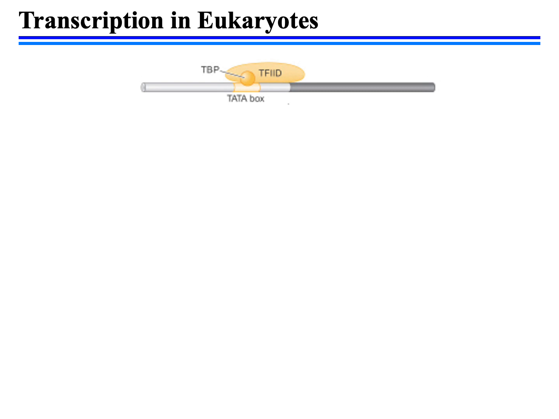TF2D is made up of 13 different subunits. Specifically, one of those subunits is known as TBP, which stands for TATA binding protein. So TF2D is a multi-subunit complex, with one of those subunits specifically binding to the TATA box.